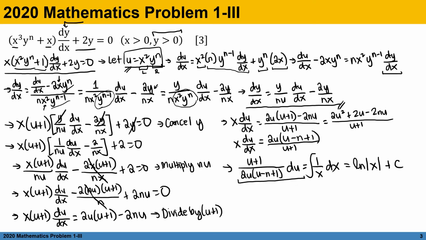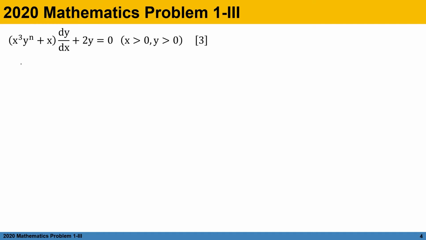So what we will do is we will perform partial fraction decomposition for this group, so it will be easier to integrate. So we have (u plus 1) all over 2u times (u minus n plus 1).